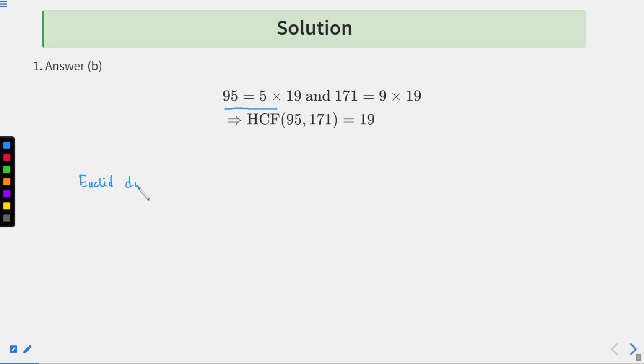Euclid division algorithm. You know what is the Euclid division algorithm?